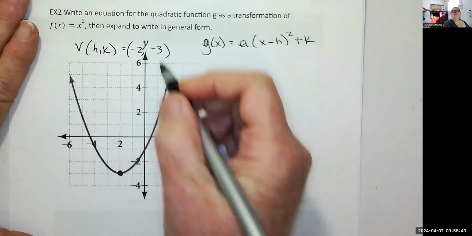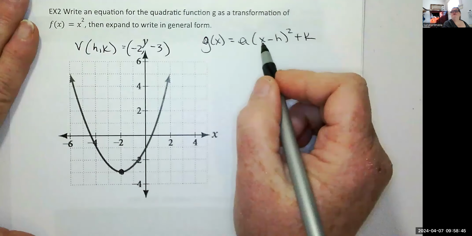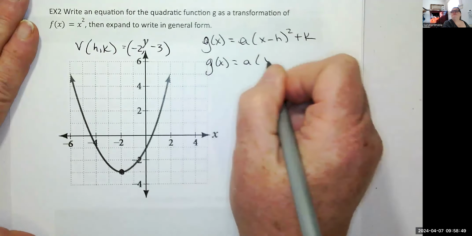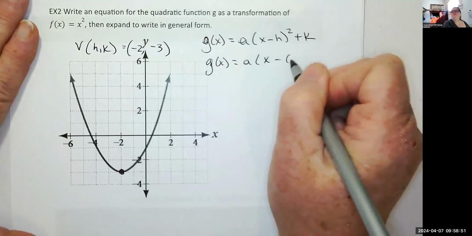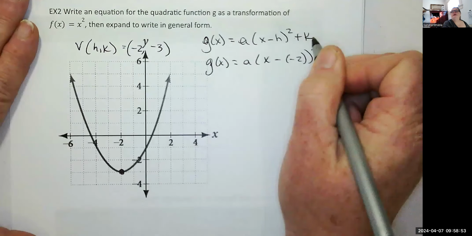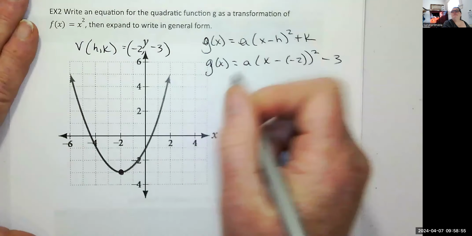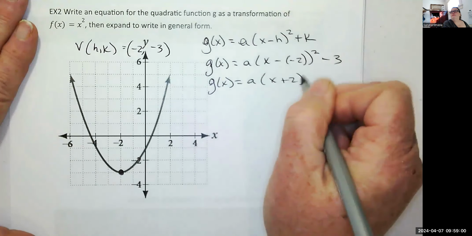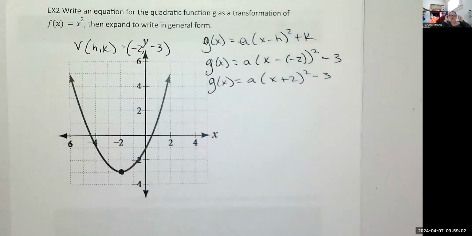All right. So I'm just going to plug these in for my transformation. -2, and then k is -3. Clean this up. All right, it's at this point I need to find my a because there's going to be one.